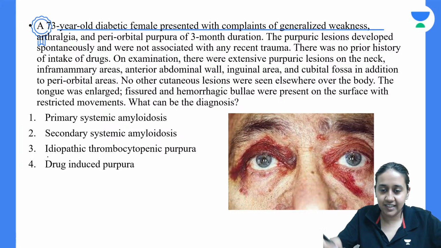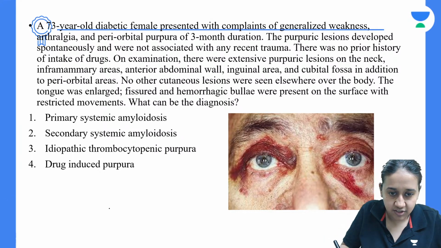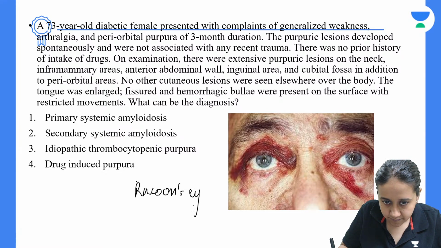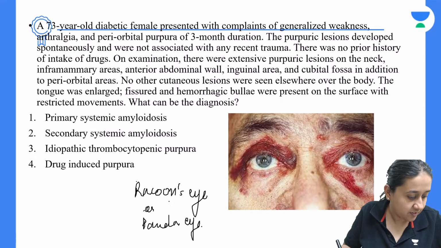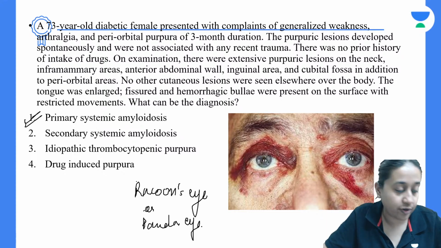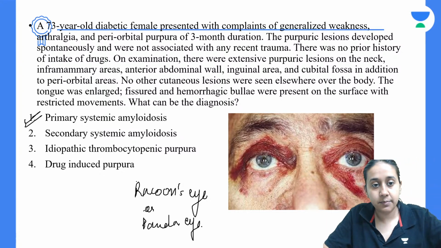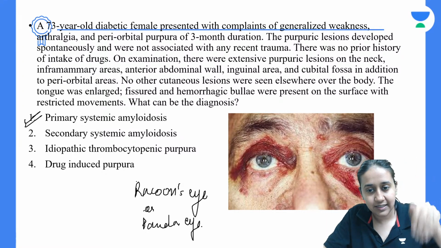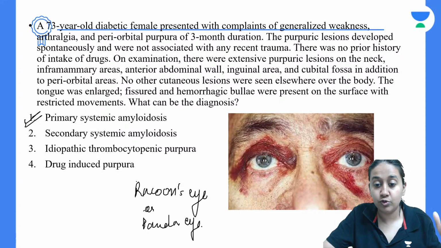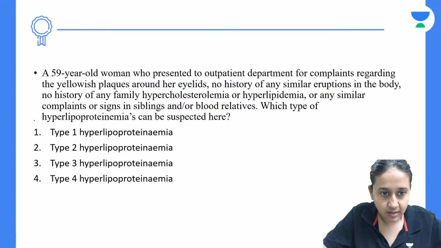The image is very classical and I'll tell you what this image is called: raccoon's eye or panda eye. Please remember, very nice Ashima. It is the feature of primary systemic amyloidosis, where because of deposition of Bence Jones protein inside the bone marrow, there is thrombocytopenia giving rise to spontaneous purpuric lesions around the eyes. Next.